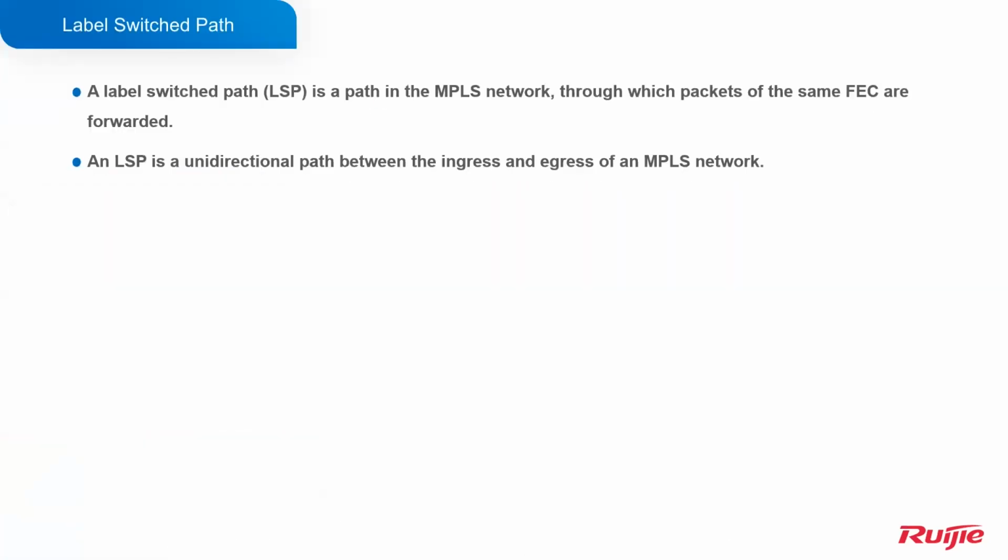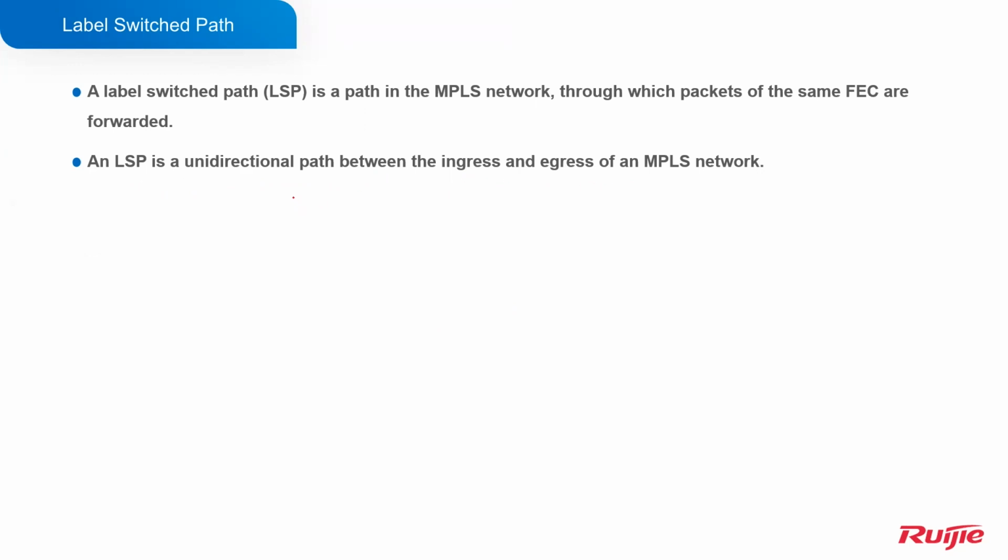The next part is about the label switched path, LSP. A label switched path is the path we select in the MPLS network. This path determines how to forward the FEC using the label. Pay attention, the LSP is a unidirectional path between the ingress and egress of the MPLS network.